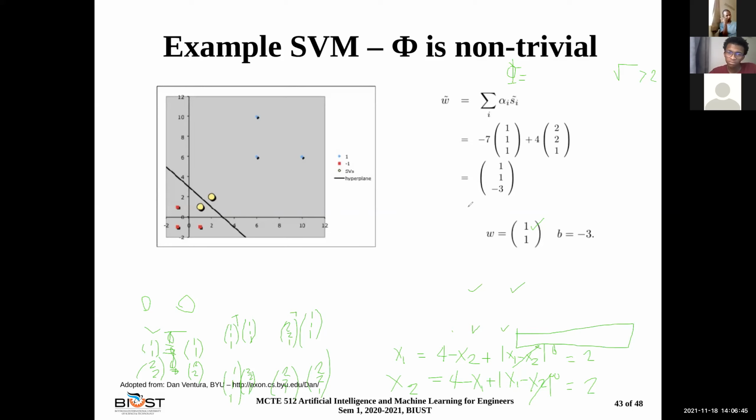Now, this line, W 1 1 and B minus 3, means that if you apply it in the equation, it will be x1 plus x2 minus 3 equal to y. That is your linear equation that classifies your data.